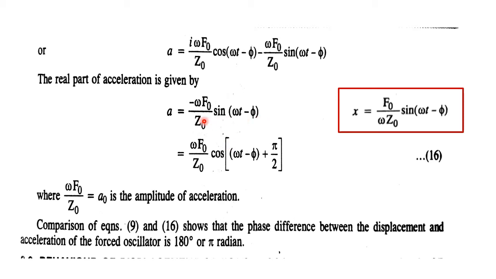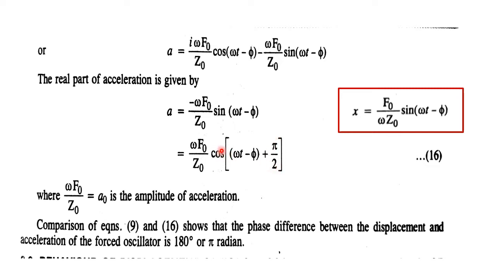Now, because I need to compare it with the displacement of the forced oscillator, you can see here this is the value of displacement. So when I convert it into the form of a phase difference, I can write it as omega f naught upon z naught cos of omega t minus phi plus pi by 2, because minus sine of omega t minus phi can be written as cos of omega t minus phi plus 90 degree.